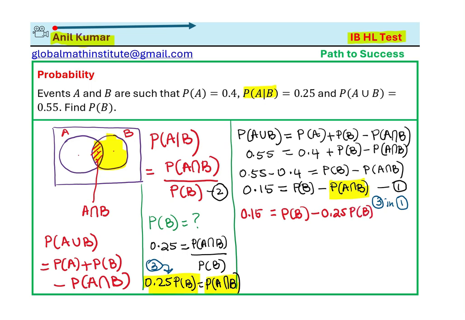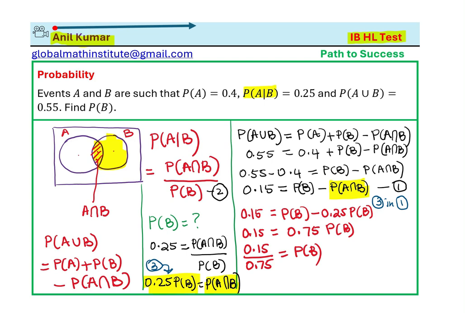So now we have only one unknown, which is probability of B. 0.15 equals 1 minus 0.25, so 0.75 times probability of B. So we get 0.15 over 0.75 equals probability of B. Is that clear to you? See how neatly we have figured this out.